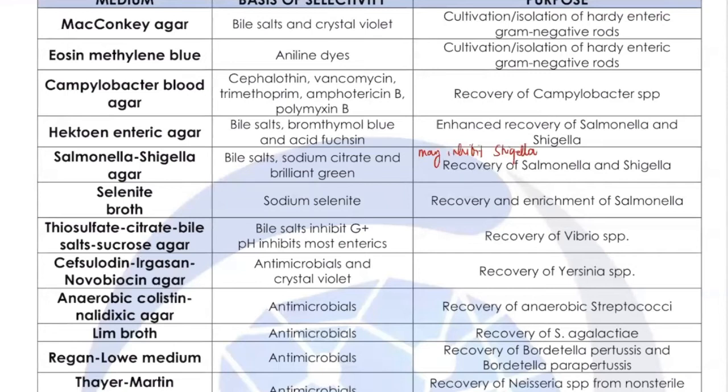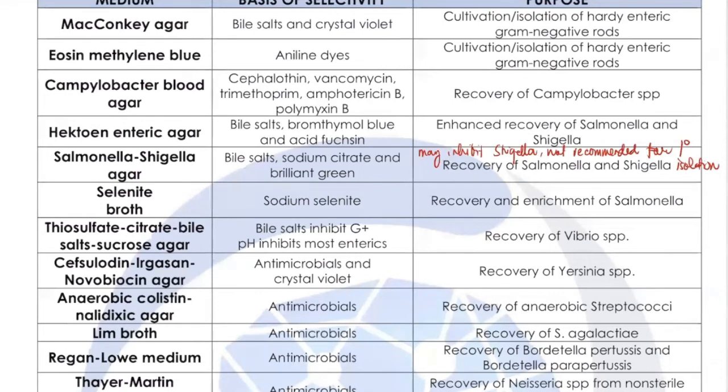Okay? And thus, it is not recommended for primary isolation. We already know that about our SSA agar, because again, at times it may inhibit the growth of Shigella.